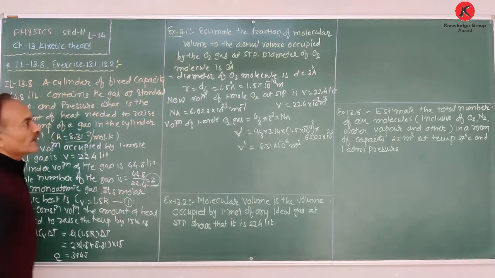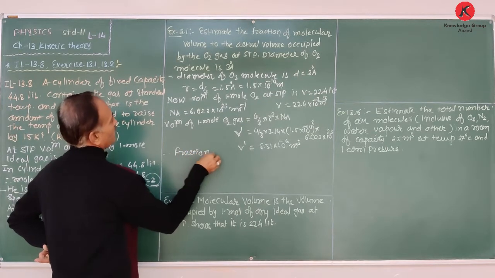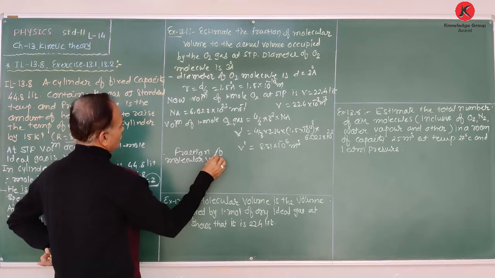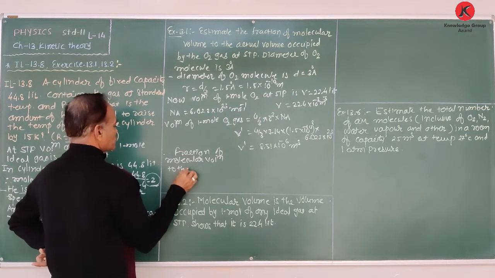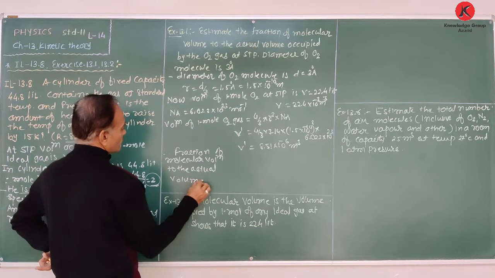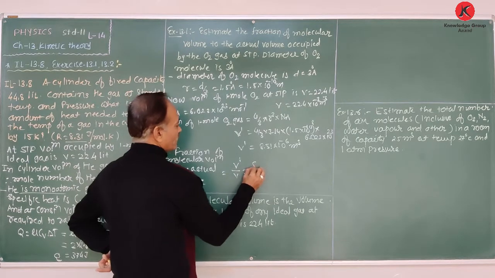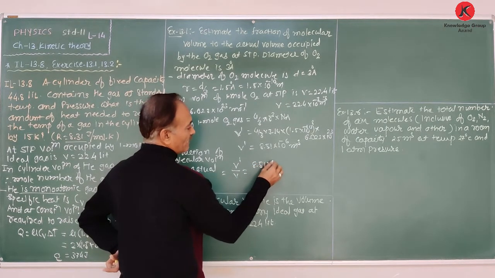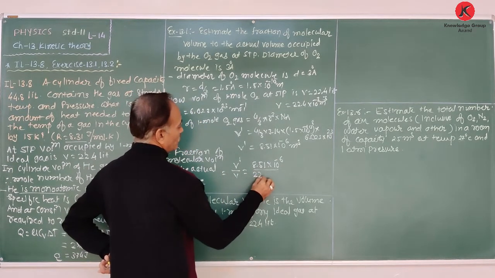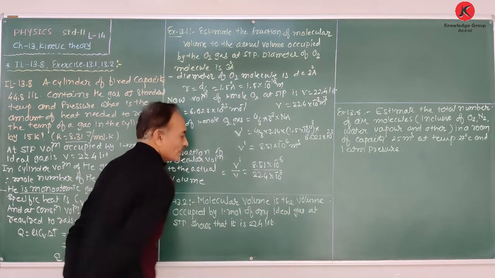Therefore, the fraction of molecular volume to the actual volume is equal to V dash upon V. V dash, the calculated value of volume, is 8.51 × 10^-6 upon V, the standard volume at STP, which is 22.4 liter.